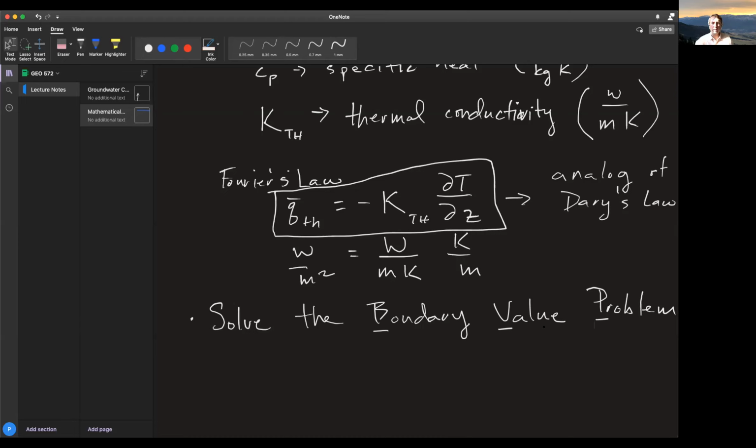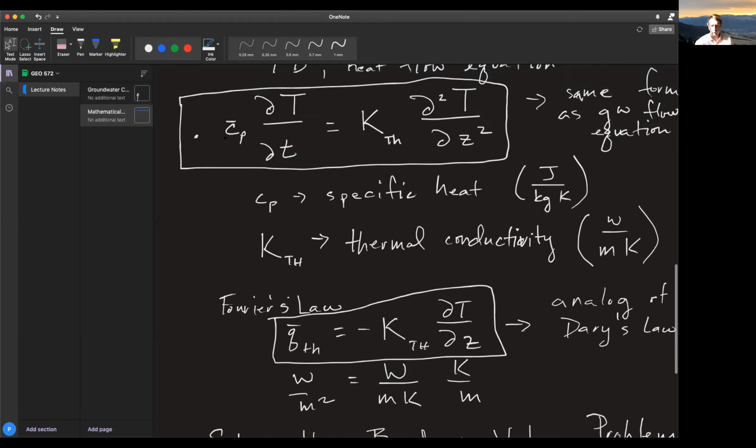This is a solution to a partial differential equation, like our governing equation up here, the heat flow equation. This one is a partial differential equation, a PDE.